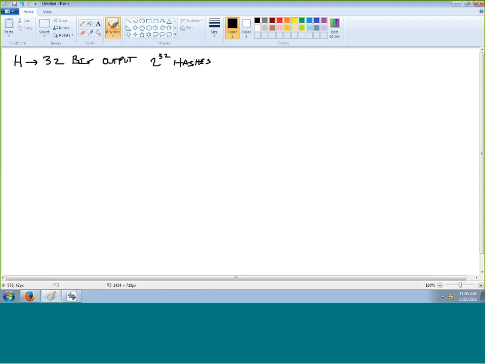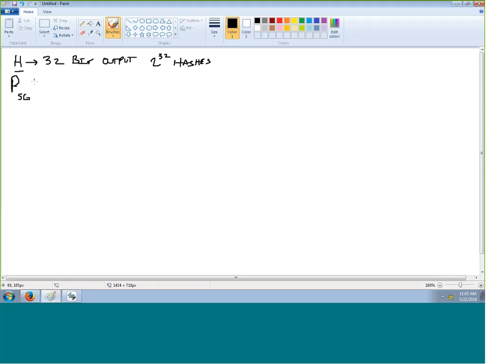So with this in mind, what's our probability? Let's say we want to calculate the probability of a single generation of a hash hitting the jackpot of matching a hash that we're given.